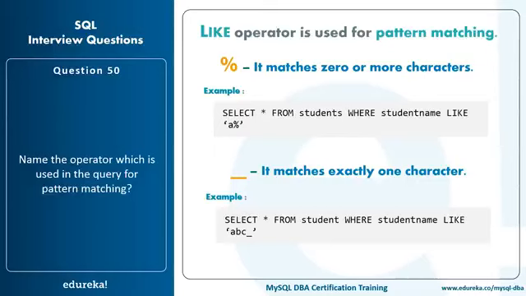When you use the underscore sign, it basically matches exactly one character. So in a query like select star from student where student name like 'ABC_', all those records whose student name matches the pattern ABC and has any one character after that will be taken into account. So guys, that's how you can use the like operator for pattern matching. You can use either the percentage sign or the underscore sign with it.